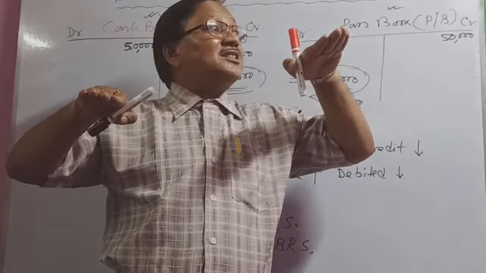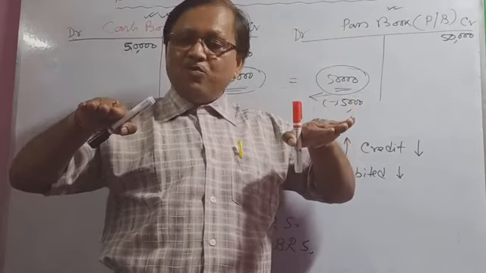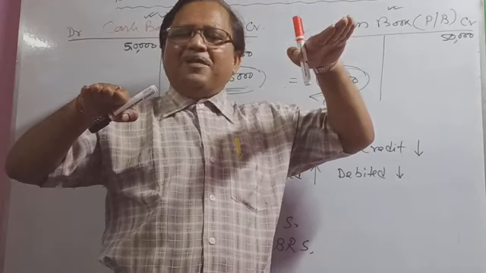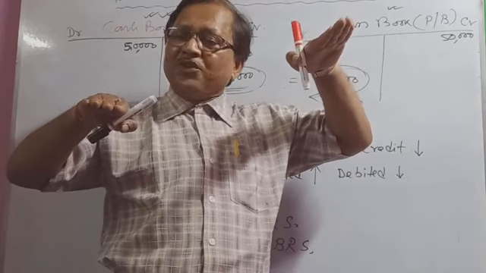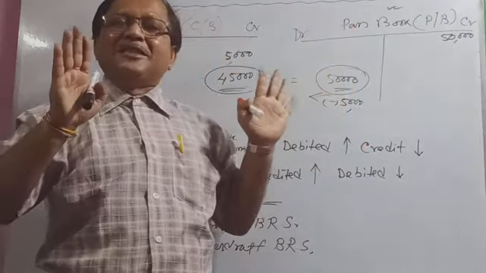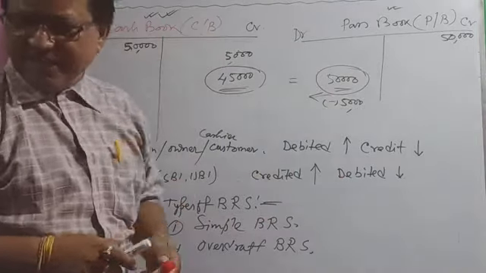Now if you start with the bank balance as per cash book, then minus, and both sides are equal. But in the opposite case, if starting with the bank balance as per passbook, then add. Okay, these are the simple rules for how to prepare a bank reconciliation statement.